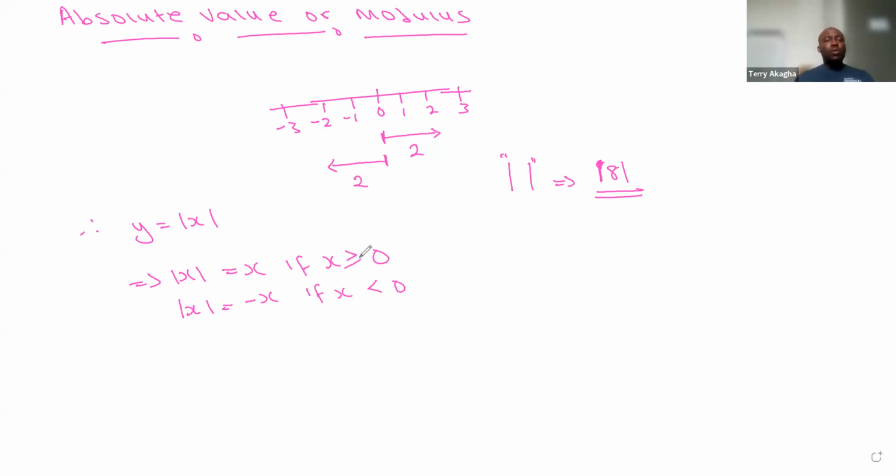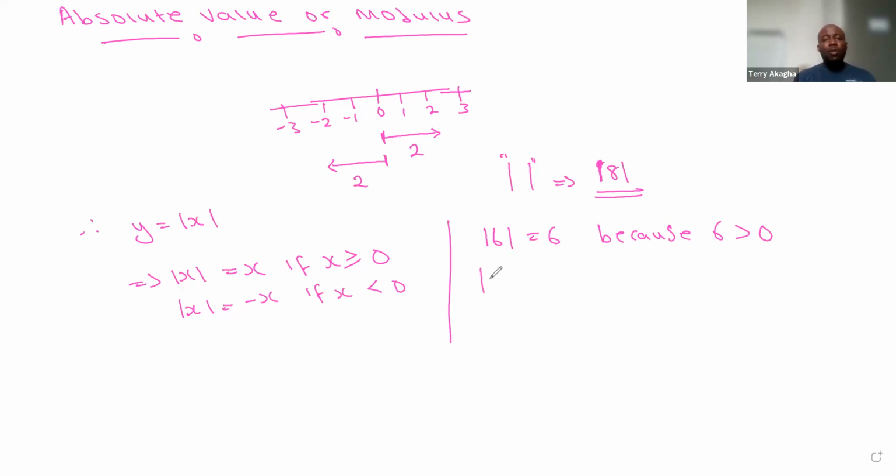You also notice that we can apply this to any kind of number. For instance, the absolute value of 6 is equal to 6, because 6 is greater than what? 0. Remember, this is the first rule.